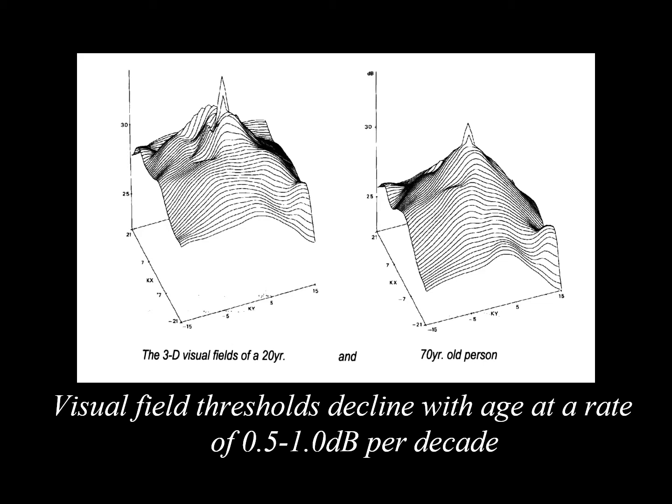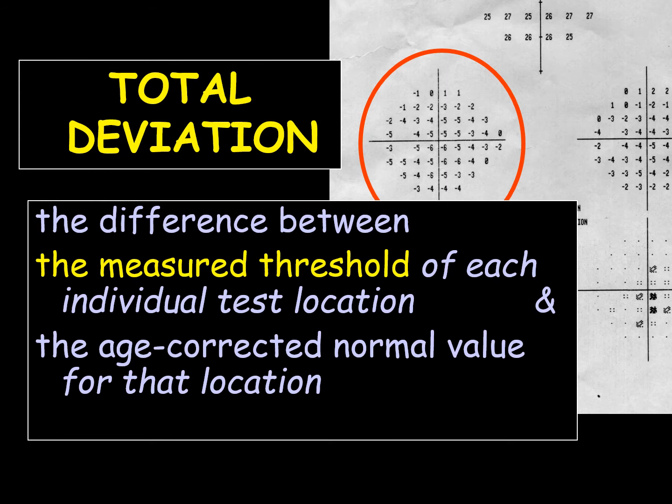This is the importance of being sure that the date of birth is correctly added to the machine at the beginning of the test. So the total deviation is the difference between the measured thresholds of each individual test location and the age-corrected normal value of that location.